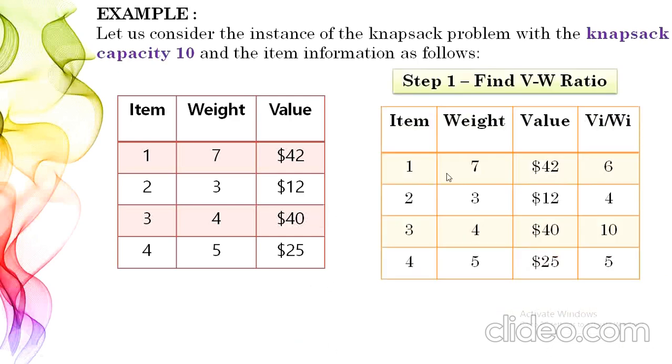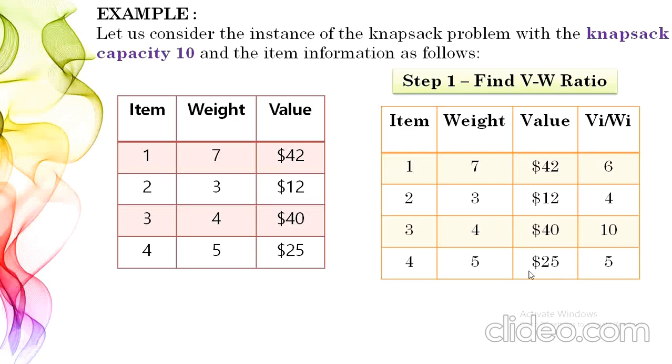For the first item, the value is 42 and the weight is 7, so 42 divided by 7 gives a ratio of 6. For the second item, the value is 12 and the weight is 3, so we get 4 as the ratio. For the third item, the value is 40 and the weight is 4, so we get 10 as the ratio. For the last item, the value is 25 and the weight is 5, so 25 divided by 5 gives 5 as the ratio.